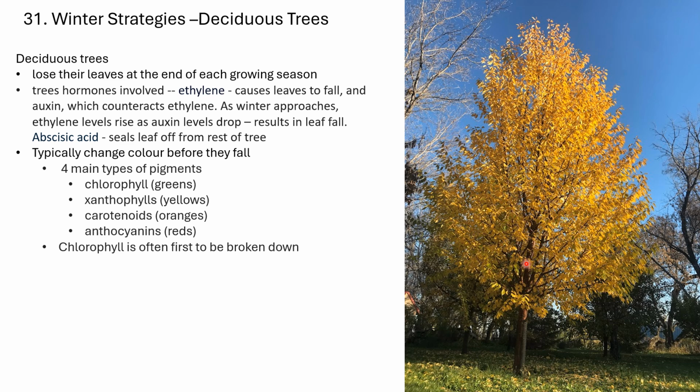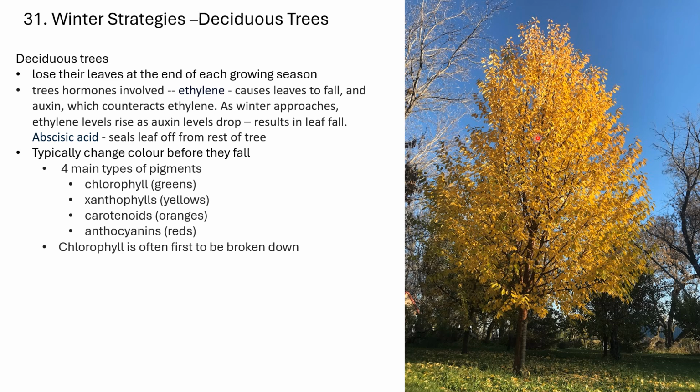The reason why is that these colors were there all year, all summer long, but they were masked by a larger abundance of the photosynthetic pigment called chlorophyll. We talked about this in an earlier lecture when we were looking at photosynthesis. Chlorophyll is green.